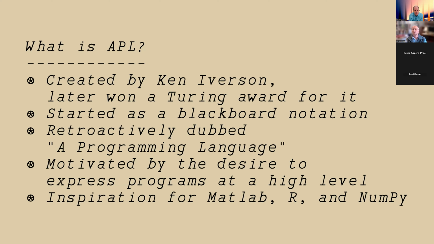And then as IBM started to develop implementations of it as an actual implementation, it acquired this name APL, or A Programming Language. And it was really motivated by a desire to have a more high-level way to express programs. And high-level is, I think, a thing that gets overused.